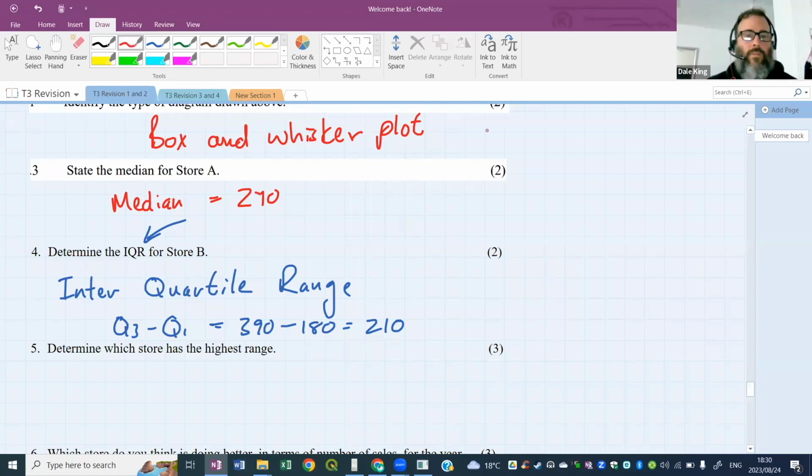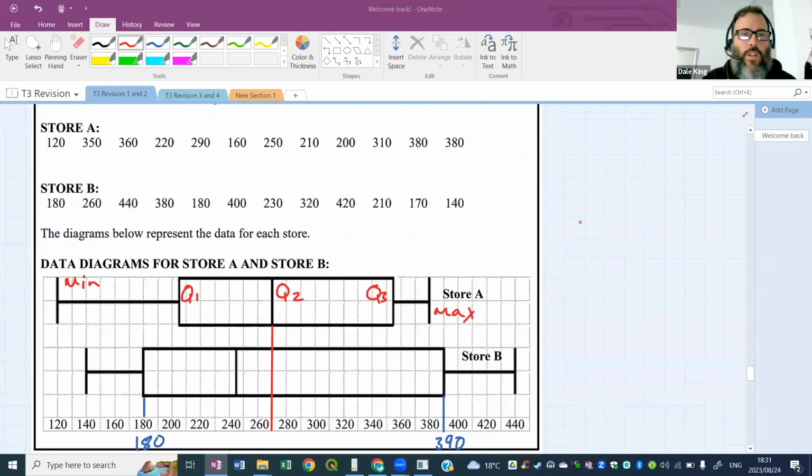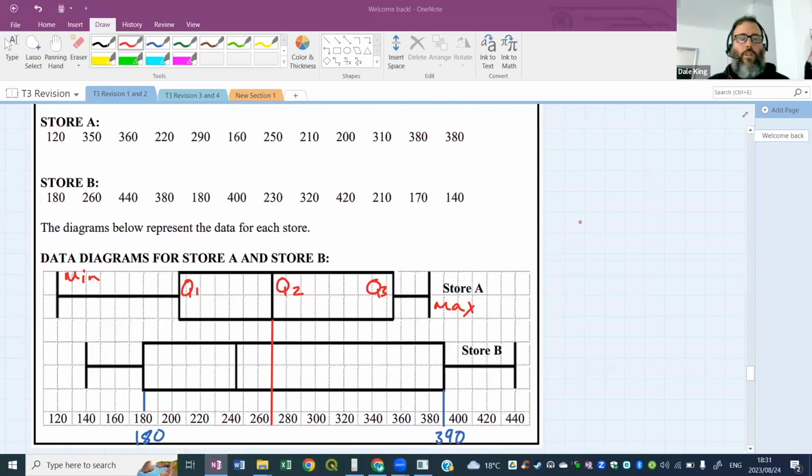Awesome. All right, ladies and gentlemen, you have to agree with me that if we hadn't done a little bit of an introduction here, reminding ourselves what measures of spread are, how to work them out, where they're used in a box and whisker plot, and what the different parts of a box and whisker plot are, then as soon as I throw this question at you, you'd be like, oh, you put your foot into a cold pool for the first time and you get a fright.